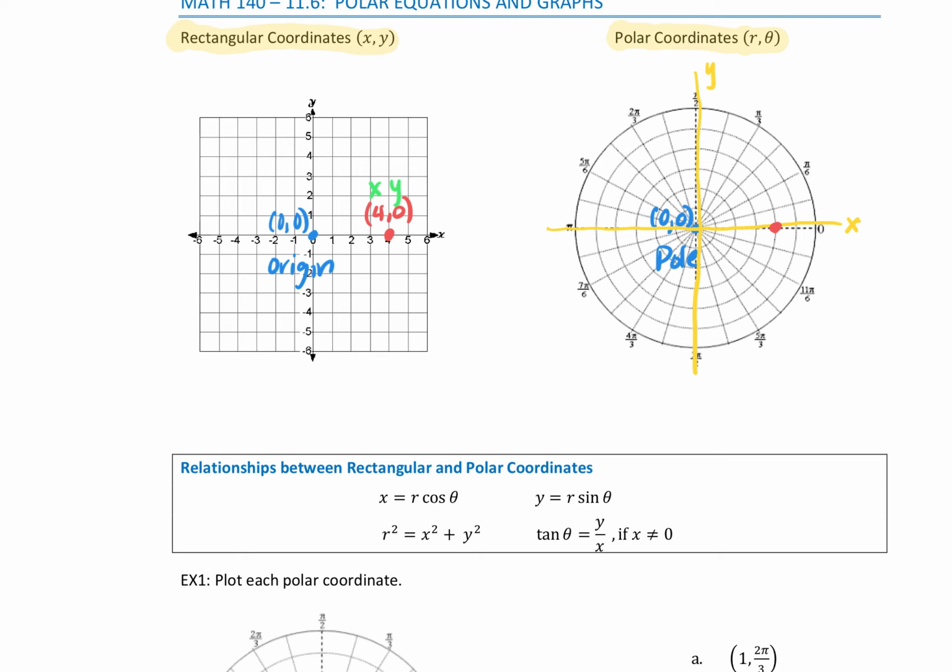So the distance out here is 1, 2, 3, 4 units. And the angle, if my angle's in radian measurements, we're on an angle of 0. So in polar form, this would be 4, 0.